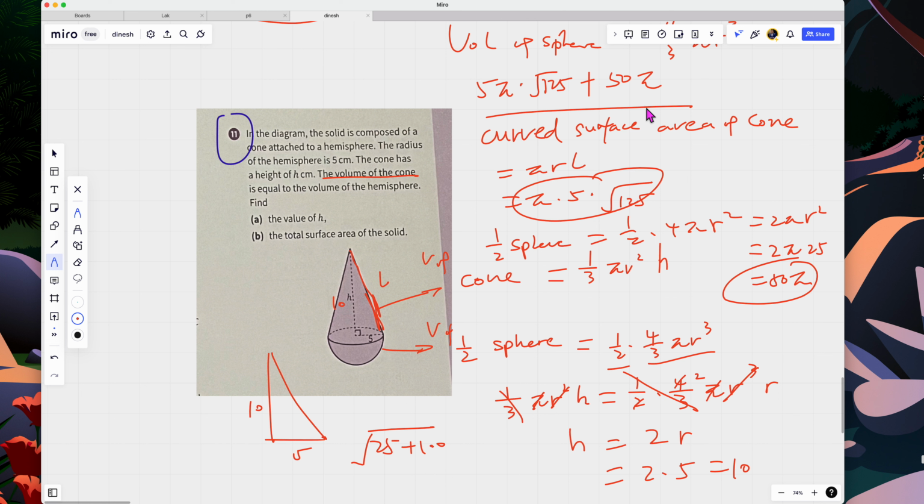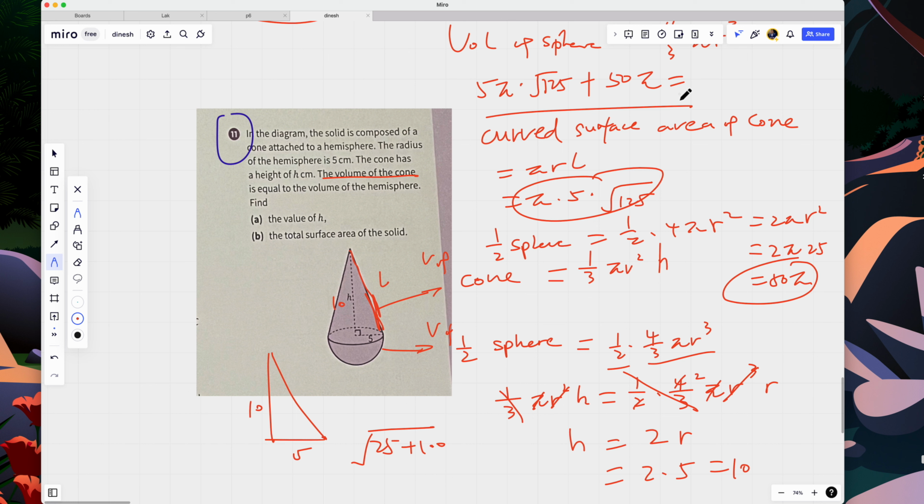What's the answer? By the way, square root 125.